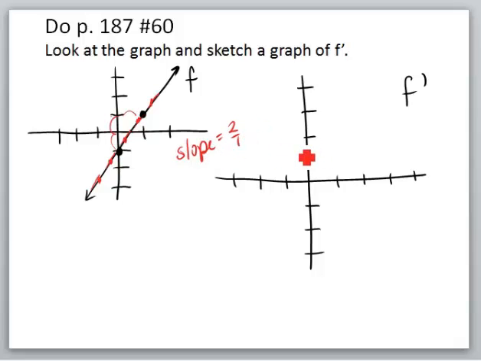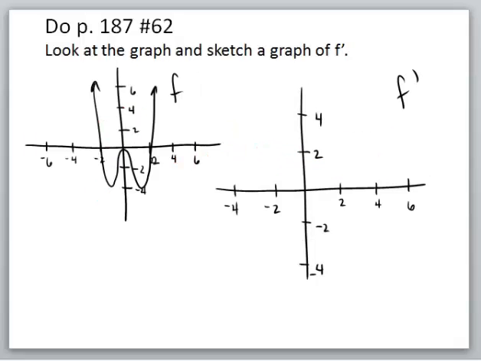What that means is that at 0, the slope is 2. At x is 1, the slope of the tangent line is 2. At 2, the slope of the tangent line is 2, so on and so forth. So the graph of f prime would look like a horizontal line.